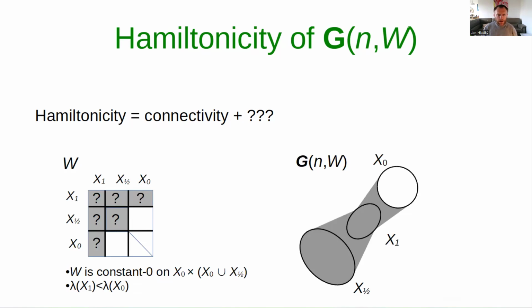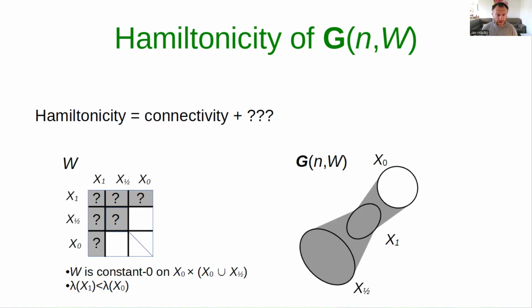To see why, consider the two stages of generating this random graph. In the first stage, we throw our n vertices into the unit interval, and we can think of these vertices as being assigned types based on these three sets, the sets x0, x1/2, and x1. By the law of large numbers, the proportion of vertices in each set will mirror their measures in the graphon.